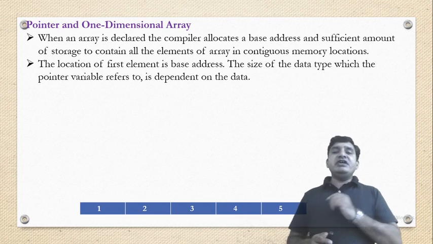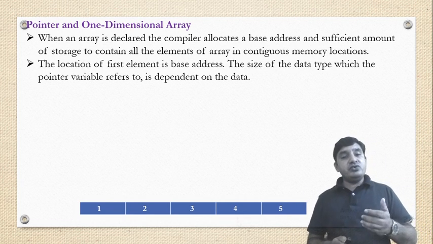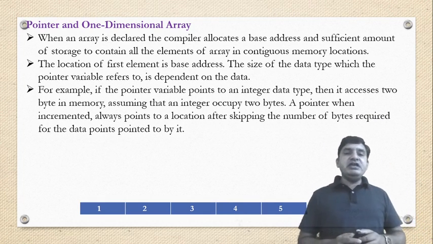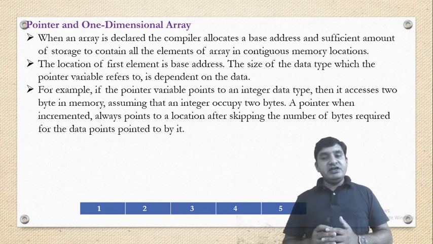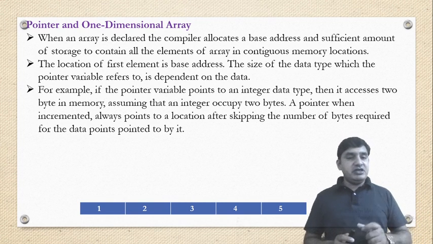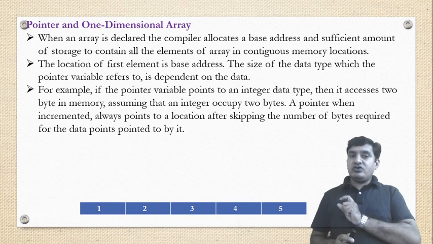The size of the data type which the pointer variable refers to depends on the data. For example, if the pointer variable points to an integer data type, then it accesses 2 bytes in memory.